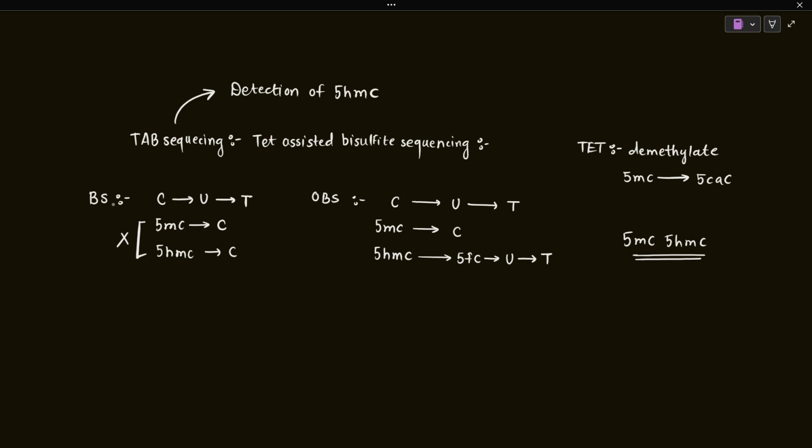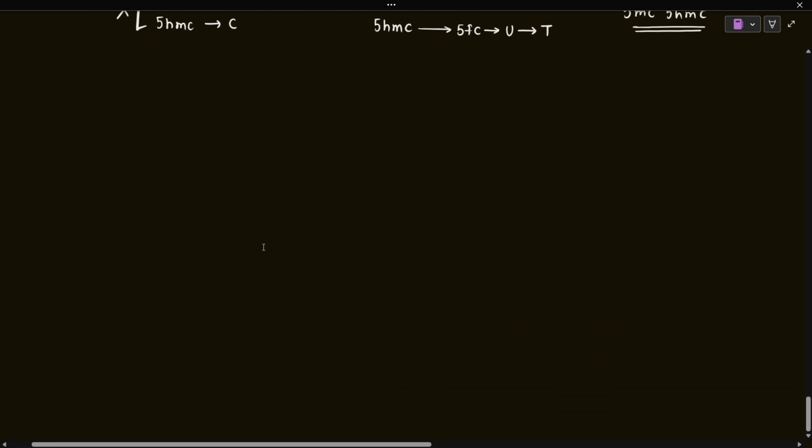Why? In bisulfite sequencing, we can detect 5-methyl cytosine differentially from cytosine. In oxidative bisulfite sequencing, we can detect 5-hydroxymethyl cytosine, and in TAB sequencing also, we can detect 5-hydroxymethyl cytosine. So let's learn this process step by step in detail.